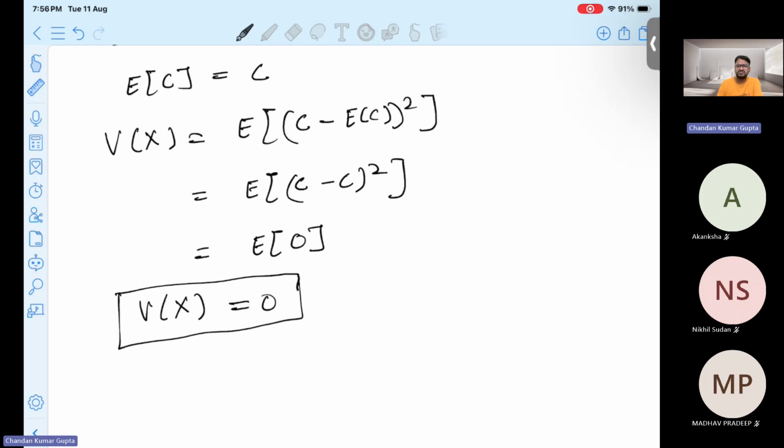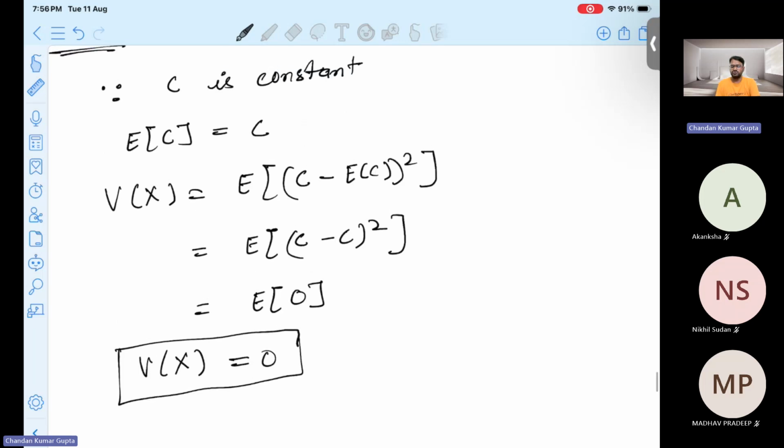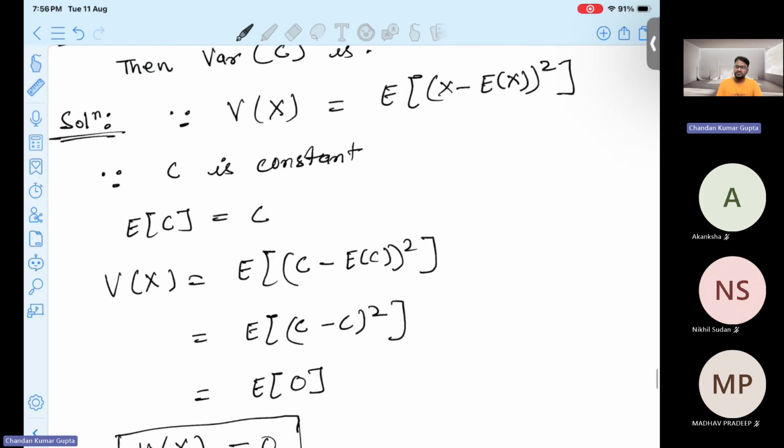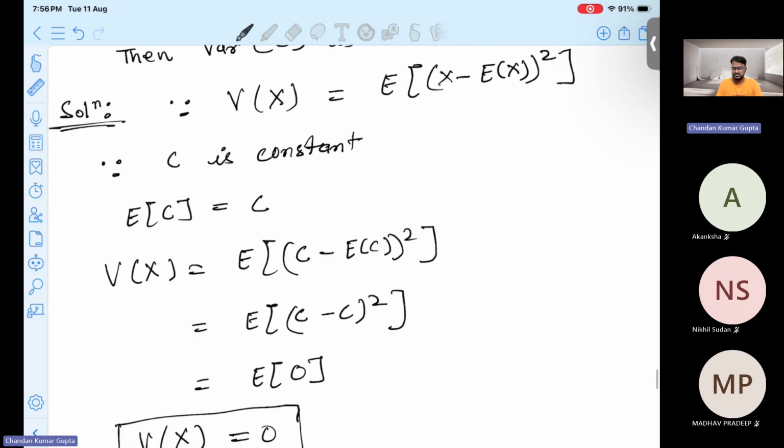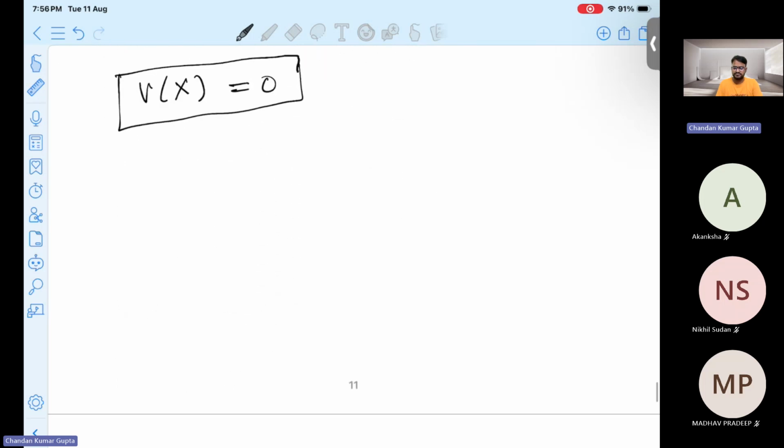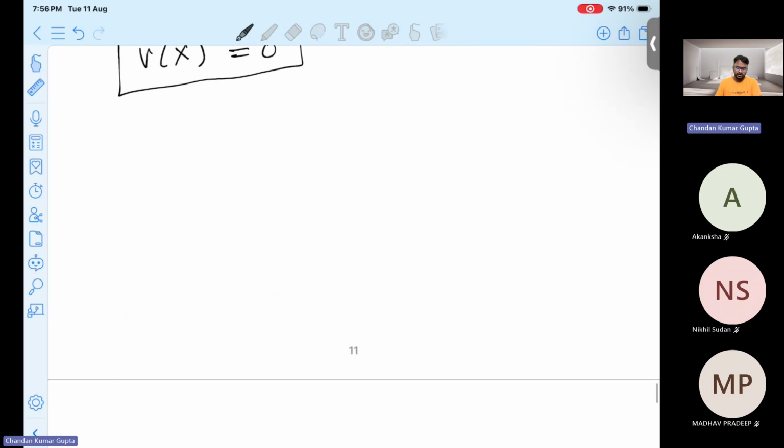This is obviously used when you have a subjective examination, so you need to know how to prove or solve it. So the variance of any constant is nothing but 0.